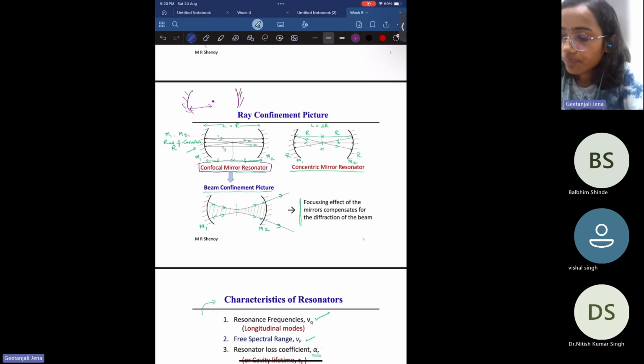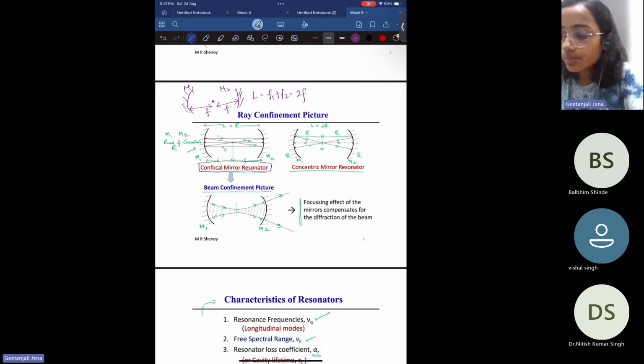This is the focus point for the first mirror M1. This is also the focus point for the second mirror M2. So you can relate this focal point to the length of this resonator. Total length will be F1 plus F2, and F1 and F2 are the same, so the total length will be 2 times F.